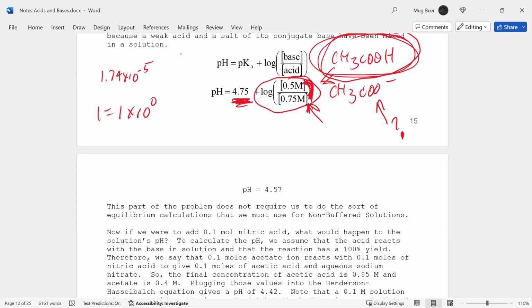So mathematically, it makes sense that the number is smaller because this numerator is a smaller number than this denominator. So that's why this value is going to be a number a little bit less. When I take 0.5 divided by 0.57, I'm going to get a number less than 1. So it's times 10 to the negative something or other. And if I take the log of that, I'm just going to get a negative number.